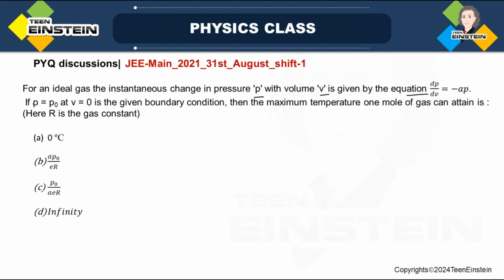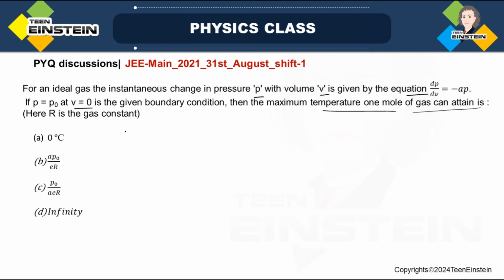The question is saying that if the instantaneous pressure is P0 when the volume is 0, that means this is the boundary condition at V equal to 0, where the volume is 0, the instantaneous pressure will be P0. The maximum temperature of 1 mole gas can attain is how much out of these 4 options.